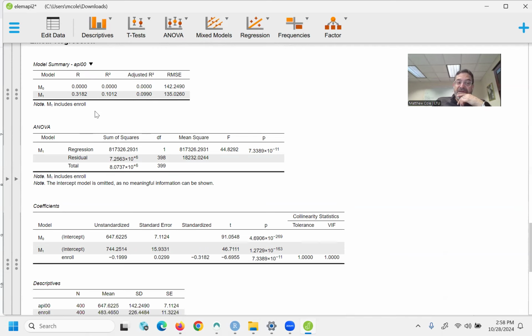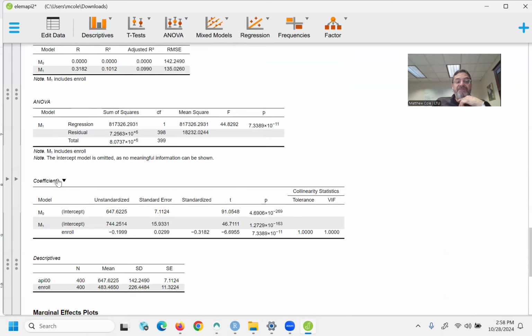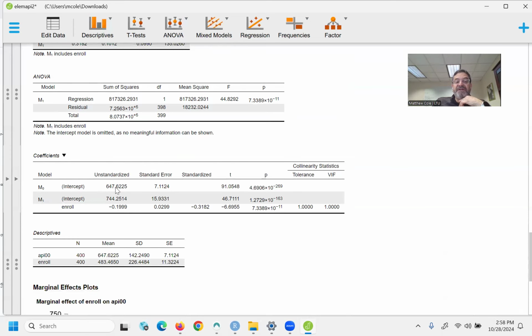And we get something called the ANOVA. In this case, the ANOVA is just telling us overall, is the model a significant model? And the answer is yes. The p-value is less than 0.05. It's a significant model. And then the coefficients, that's specifically telling us our beta. And this is where we get our regression equation.